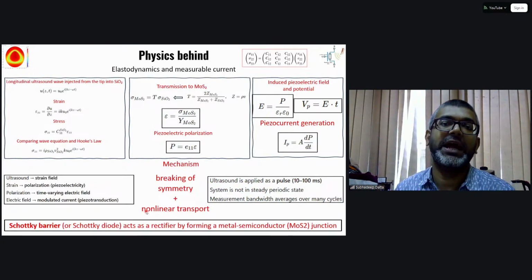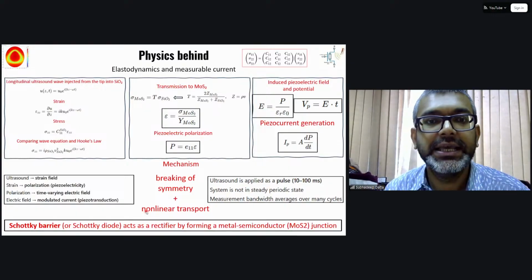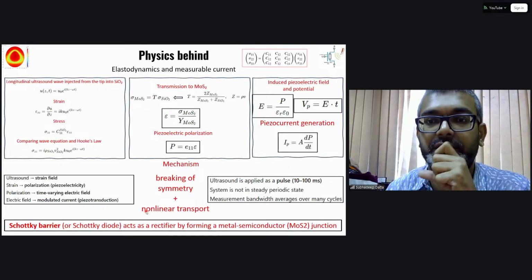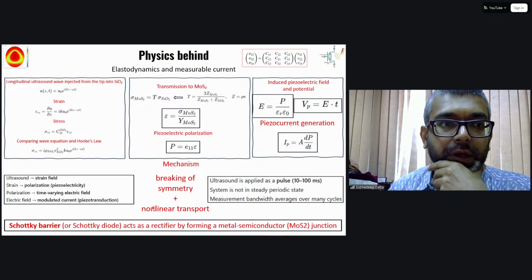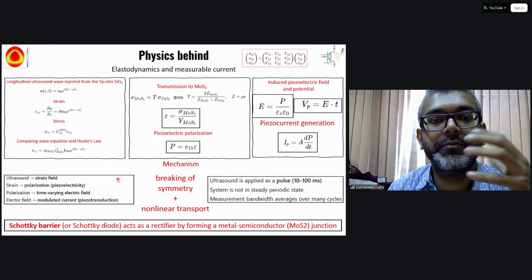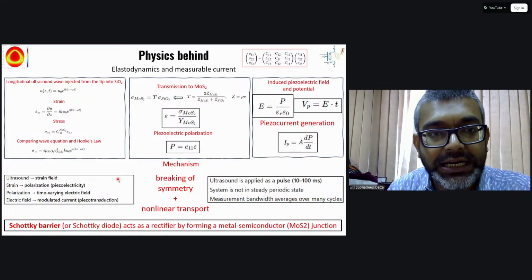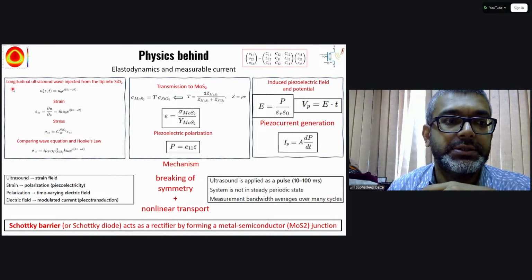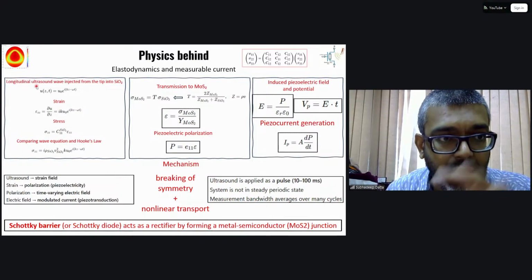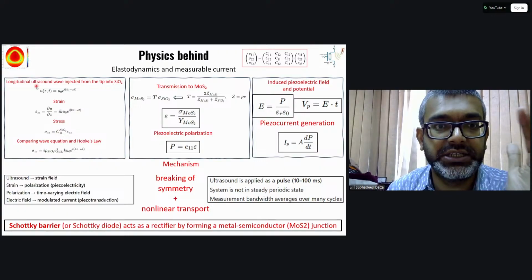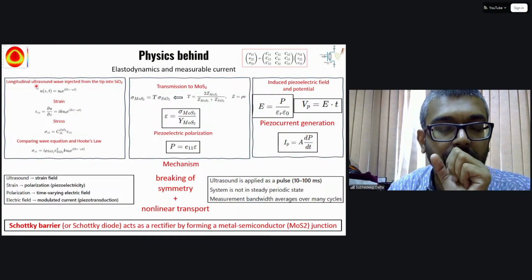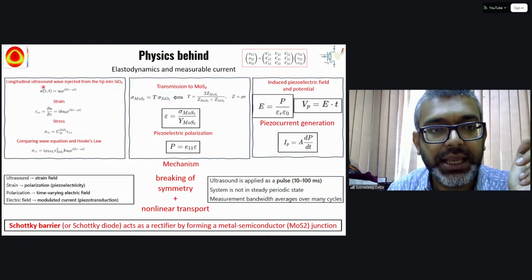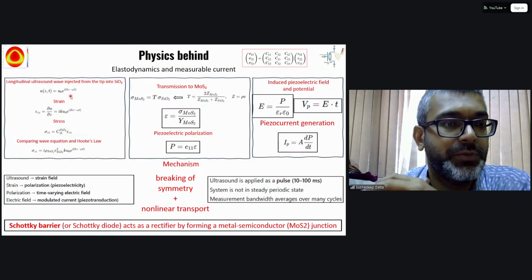So the physics behind this effect is elastodynamics and measurable current. Now, students might find it relatable with their coursework that a longitudinal ultrasound wave injected from the tip into SiO2 can be termed as U0 e to the power i(kz minus omega t).